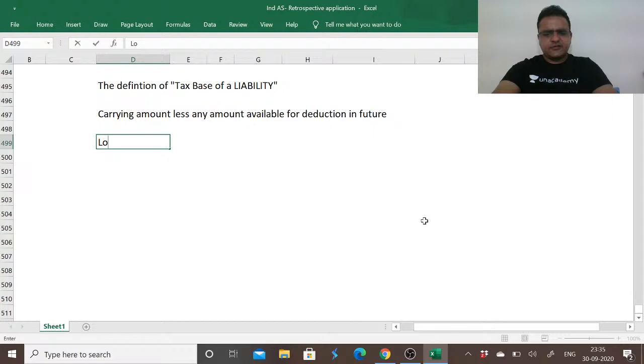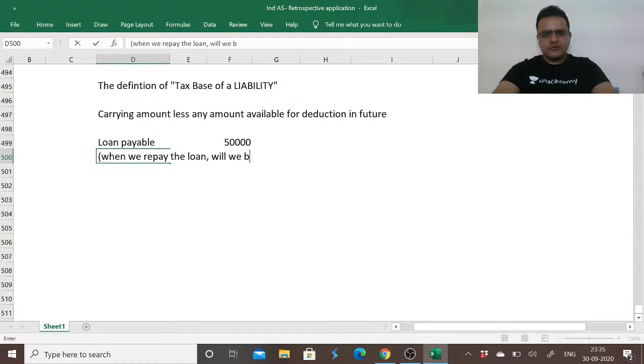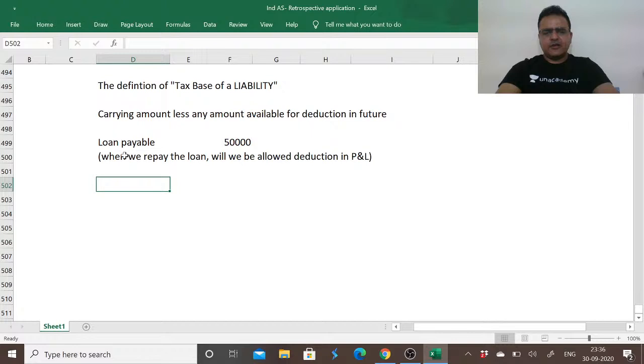Suppose there is a loan payable of 50,000. When we repay the loan, will we be allowed deduction in P&L?